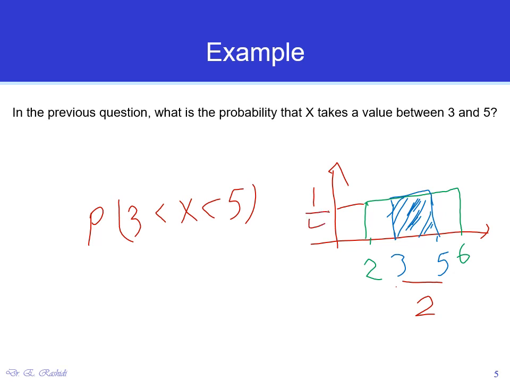So the area here is base multiplied by the height, which is 2 multiplied by 1 over 4, and that's 0.5.